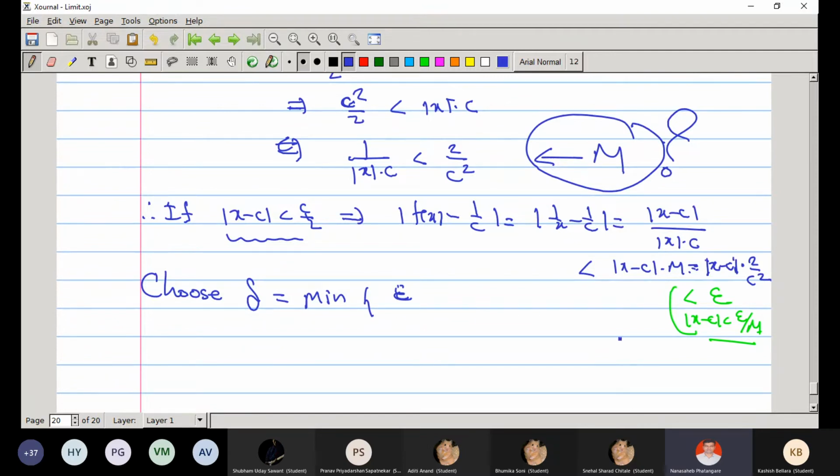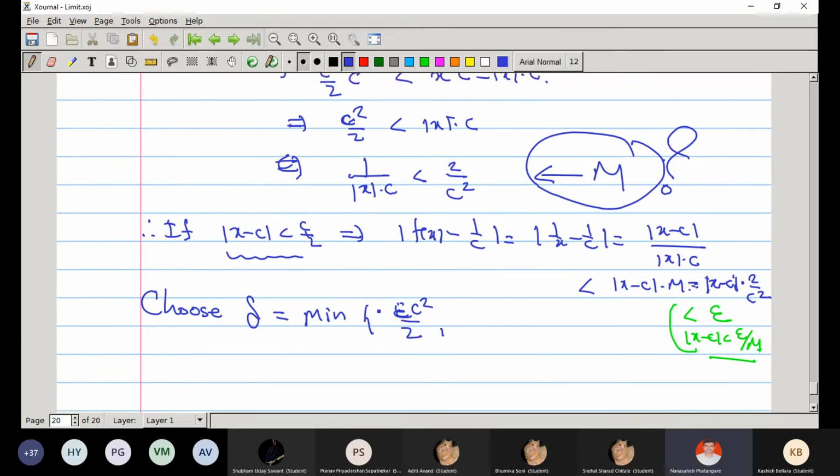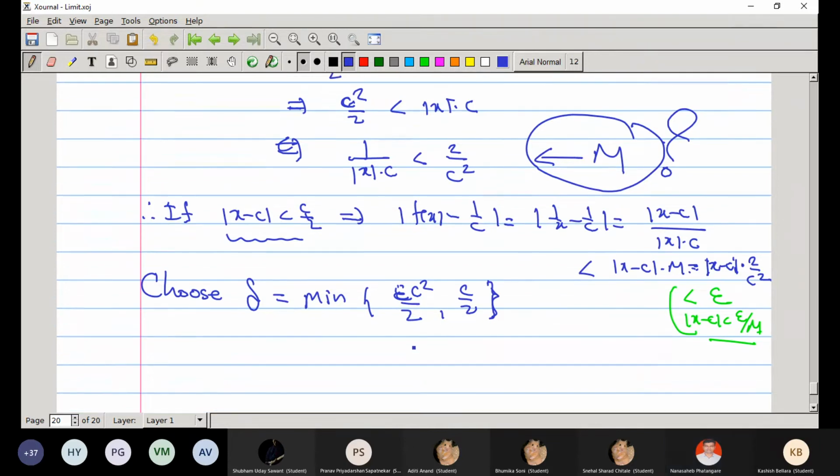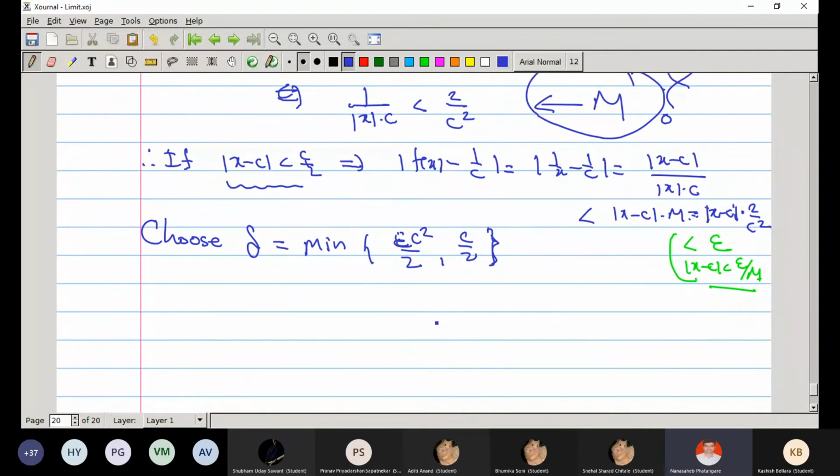What is epsilon upon m? So c square by 2. So epsilon c square by 2, and what is the additional condition? C by 2. Whichever is minimum, that is the delta. C by 2 is a positive quantity. Epsilon c square by 2 is a positive quantity. And whichever is minimum, we choose that as a delta.